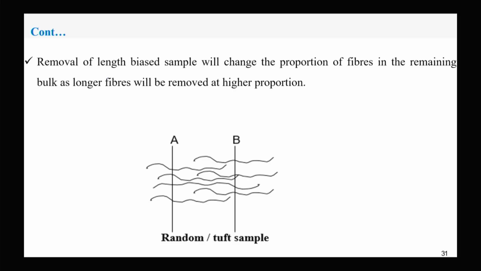Now, considering the fiber, the removal of length biased sample will change the proportion of fiber in the remaining bulk, that we have already discussed.